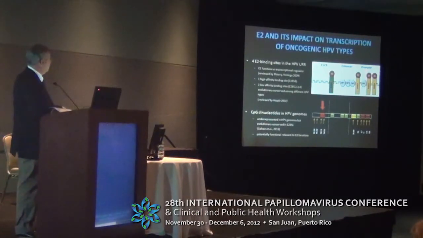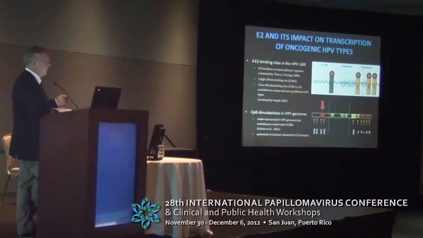If the E2 binds here, it competes with the TATA box binding factors and thereby suppresses the papillomavirus gene expression profile. So using this very simple mechanism, the virus has invented a way to keep its gene expression at a very low level in a highly orchestrated equilibrium in the basal cells.